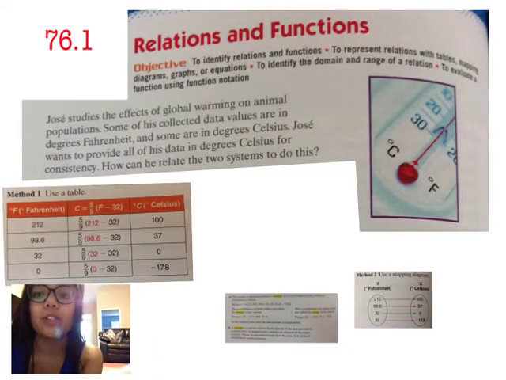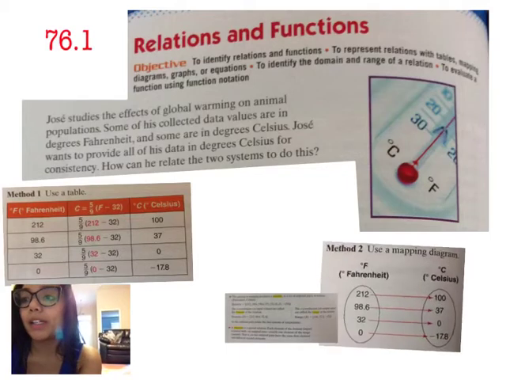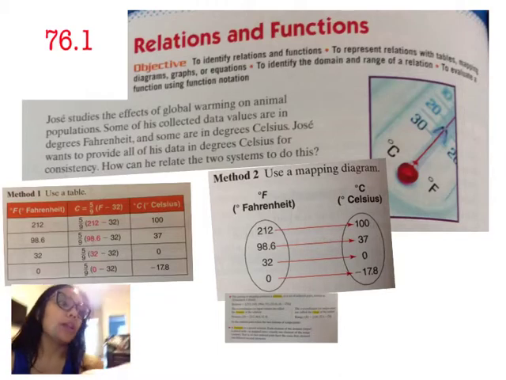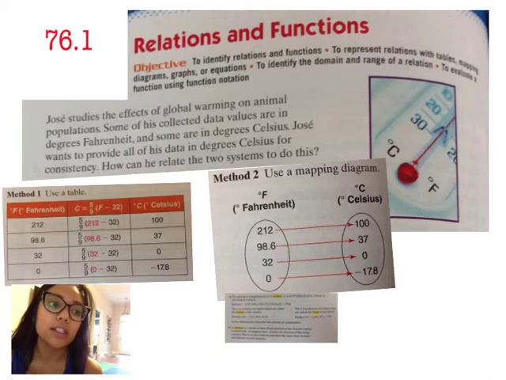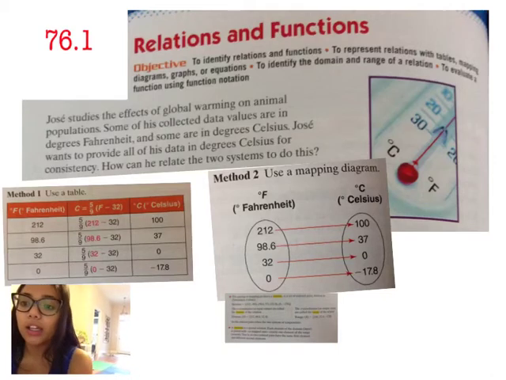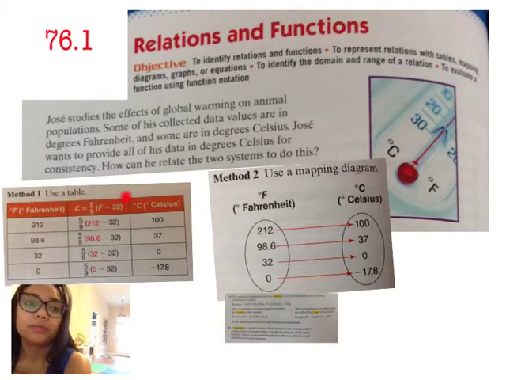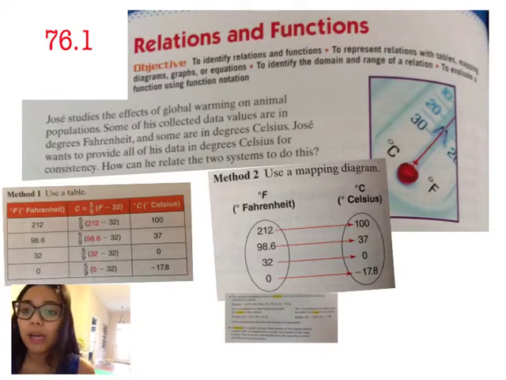One way is using a table, and the other way is using a mapping diagram. To relate the two systems, write each Fahrenheit value as a Celsius value using the conversion formula, which is right here. Then pair or map each Fahrenheit temperature with the Celsius temperature. Use a table or mapping diagram.